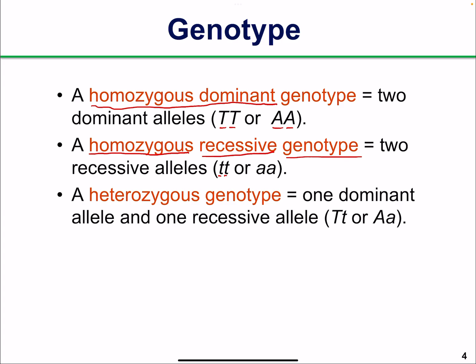In that case, for tall and short, the individual would be capital T, lowercase t, or capital A, lowercase a. Now, because these two alleles are not the same, we are going to call this particular genotype heterozygous. Okay? Hetero means mixed, right? So one dominant and one recessive allele present in that individual for the particular feature we are considering.